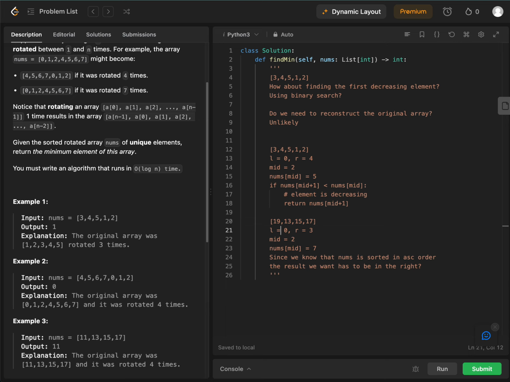Nums mid equals to 13. Since we know that nums mid is equal to 13, okay, there are two cases when you find mid, right?